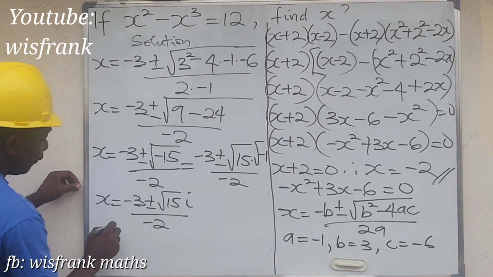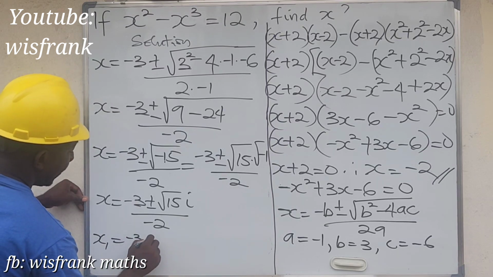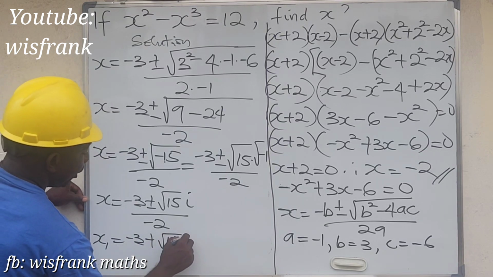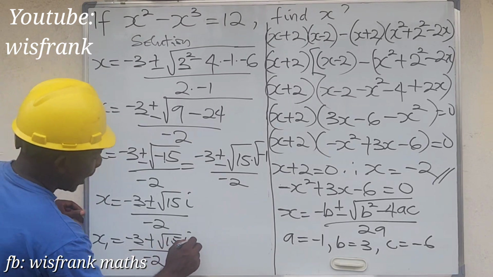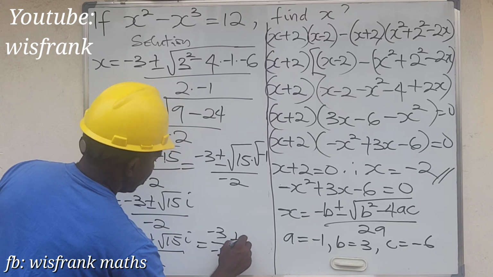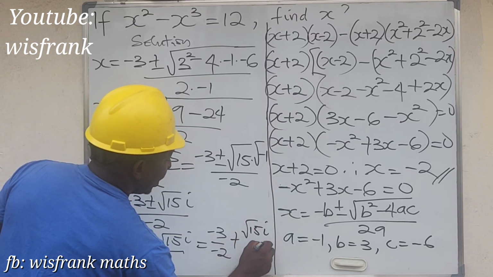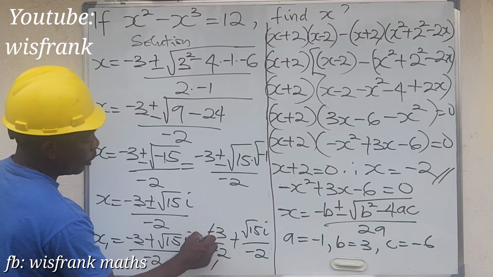So this will become the first value of x, which is x1 equals to minus 3 plus square root of 15i all over minus 2. So this can be written as minus 3 all over minus 2 plus square root of 15i all over minus 2. So here, minus will cancel here and minus will cancel here.